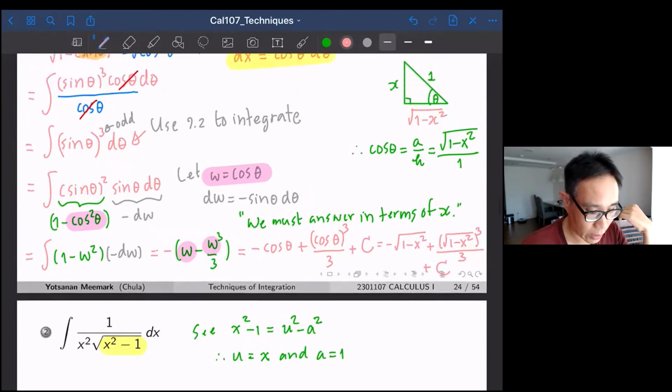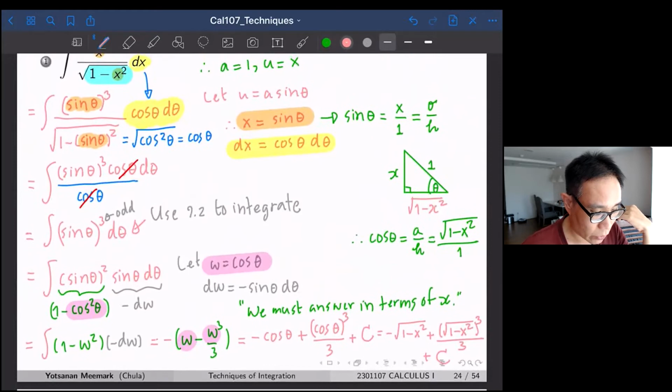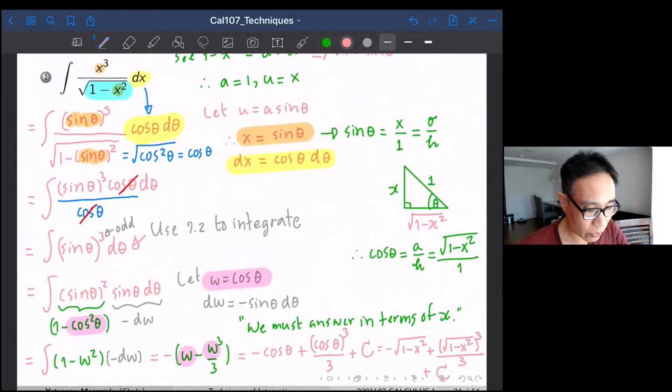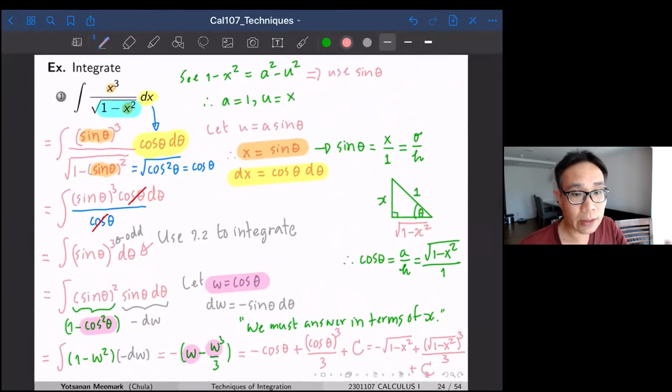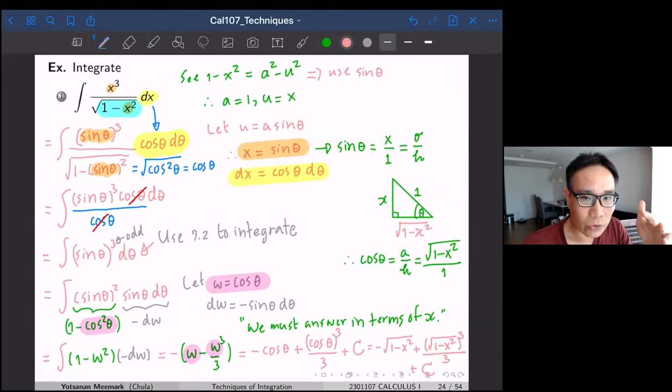So you see that you begin with something in terms of x, and you use the technique called trig sub. You use u equal to x and a equal to 1, and you substitute using sine theta. So what is the line that you need to memorize?